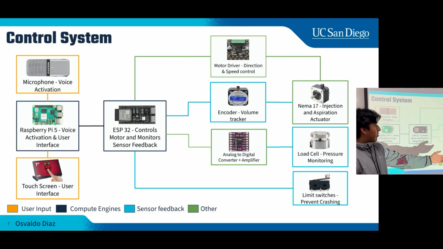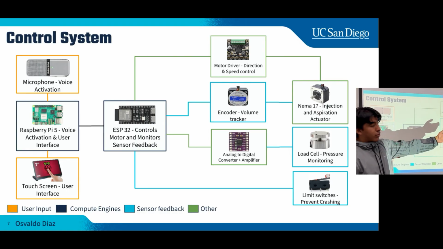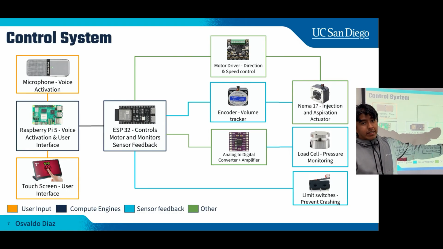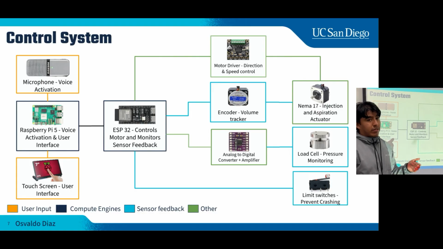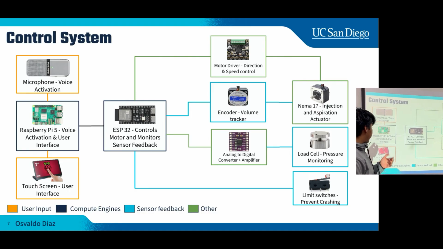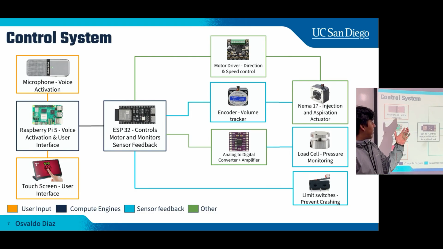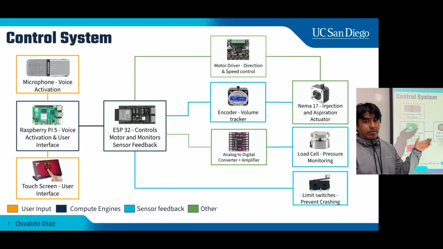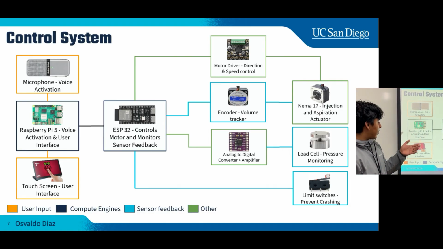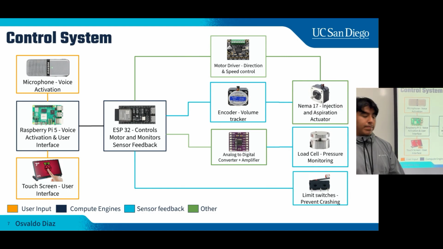We also have an encoder for the volume tracking, and we chose a TMC2209 to make the operation quieter, along with making sure that the motor noise itself doesn't interfere with the voice activation software. We also have a usability of a microphone through USB, or alternatively, you can use Bluetooth devices.